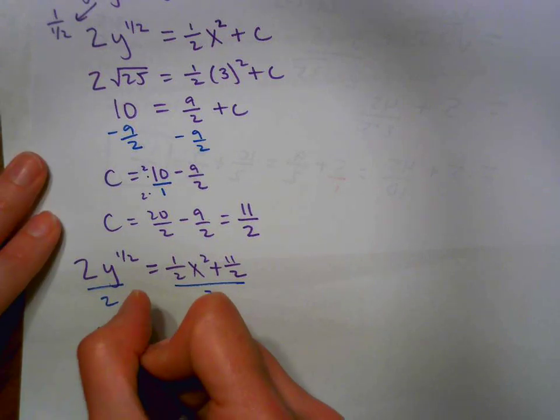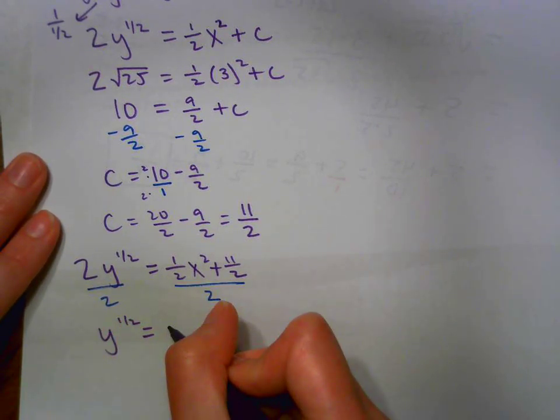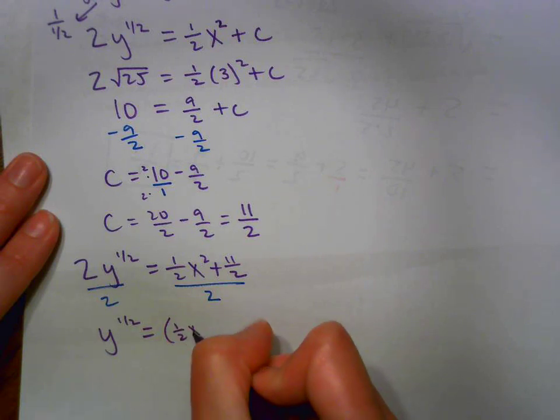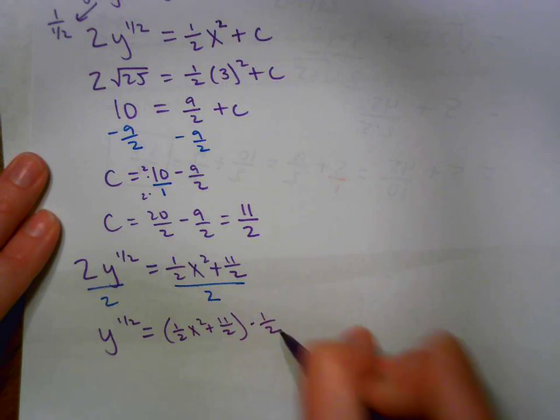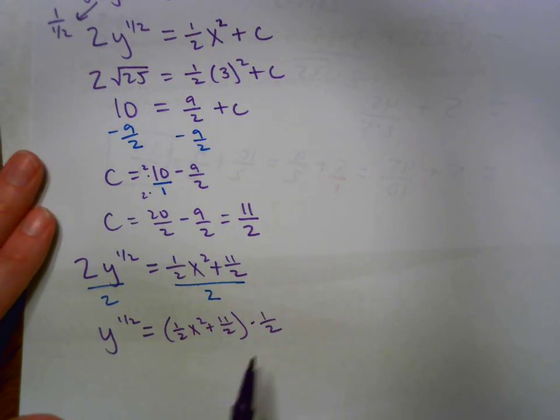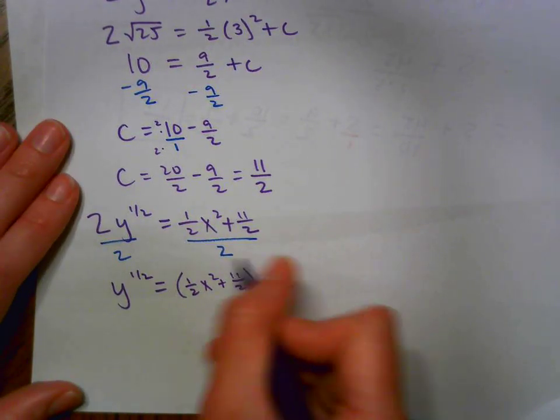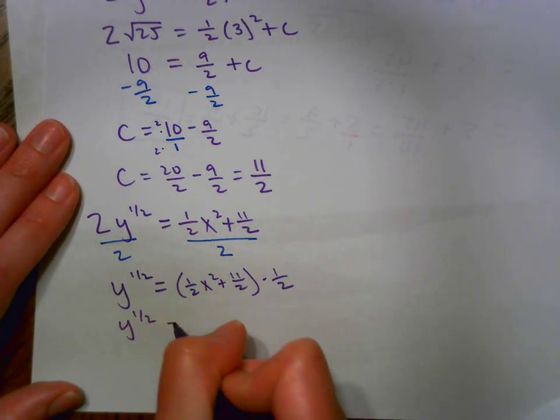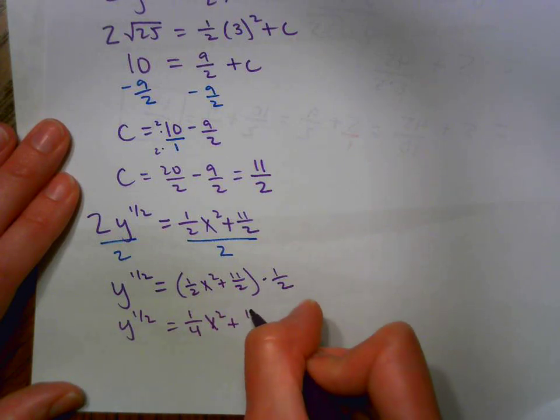A better way to write that would be taking the numerator, and the same thing as dividing by 2 is multiplying by 1/2, right? These two things are equivalent. So then I can distribute my 1/2, and that is 1/4 x squared plus 11/4.